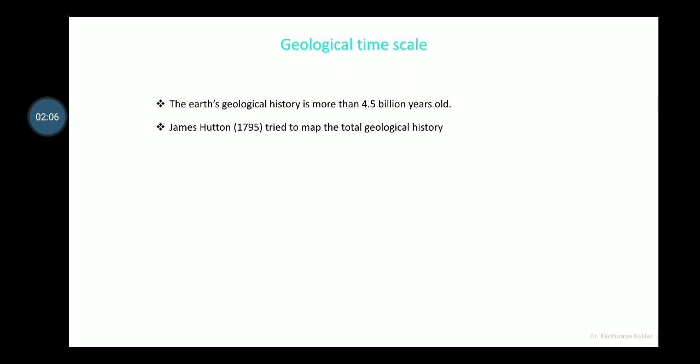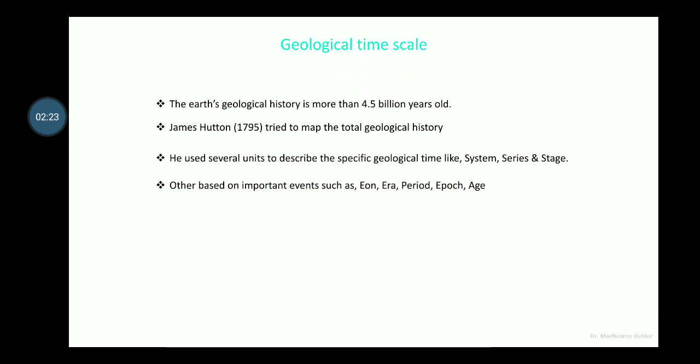One of them was James Hutton, who used several units to describe specific geological times like system, series, and stage, while others are based on important events such as eon, era, period, epoch, and age.